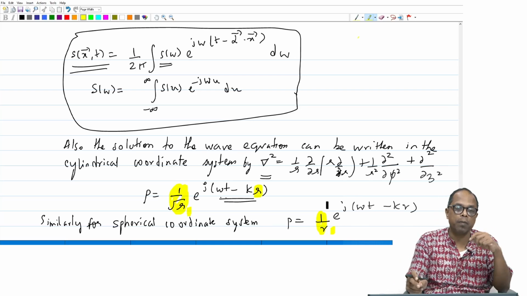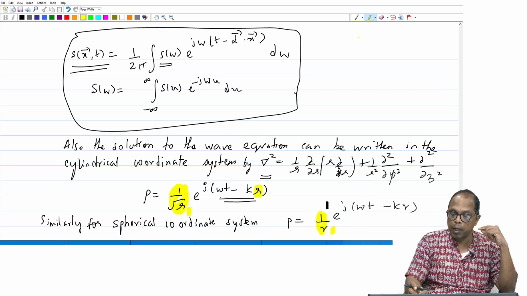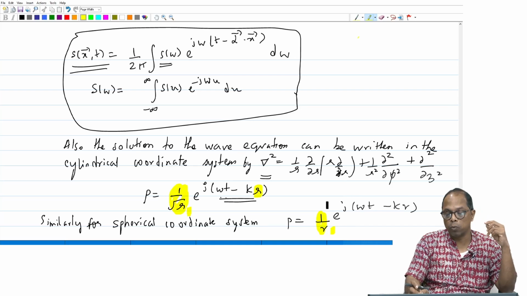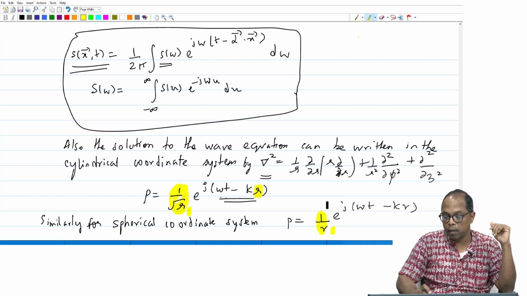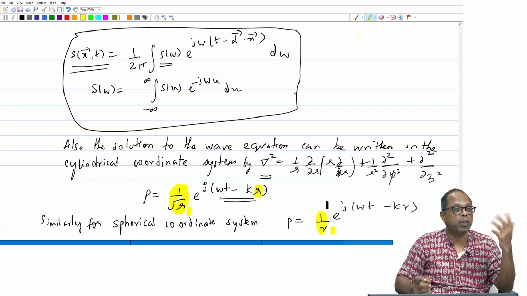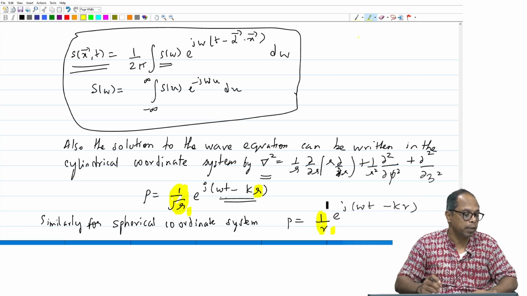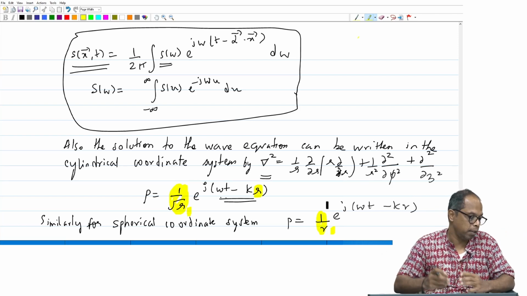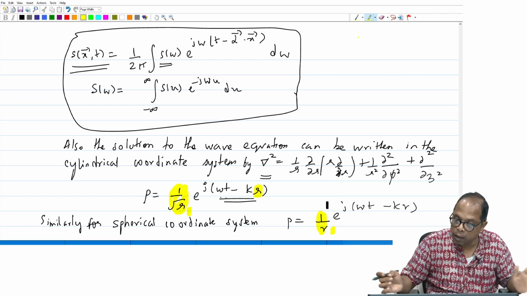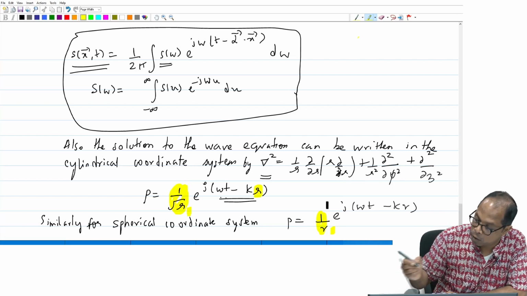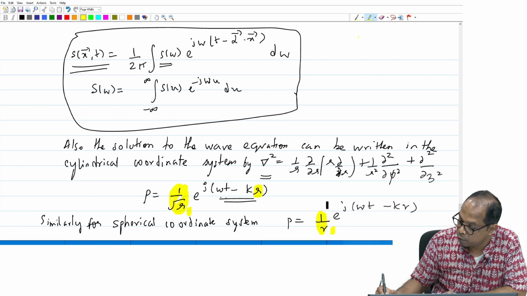Now, these concepts of spreading are important when you derive or calculate what transmission loss, what power loss, is expected when a signal propagates a distance r, and so on. Now the other concept is wave interference.